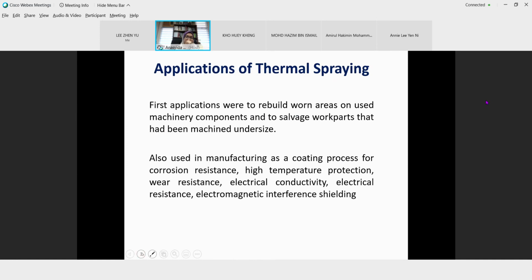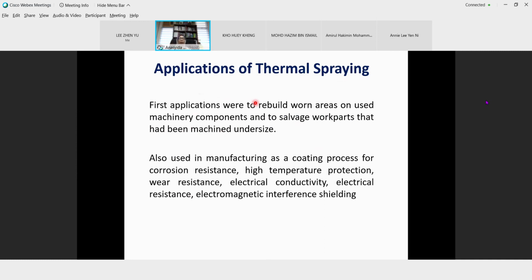All right, so these are applications of thermal spraying. You can also do thermal spraying for rework purposes. For example, some areas that were one off, you can rework, and you can also salvage some of the parts that were machined undersized. Besides rework, it can definitely be used to create corrosion resistant and wear protection coatings, and so on.